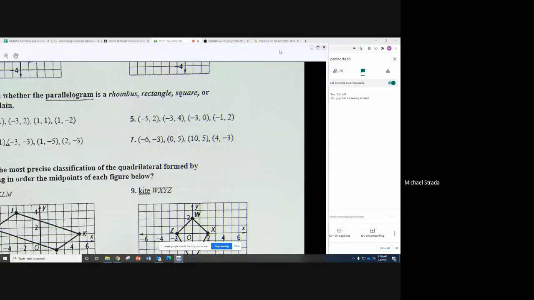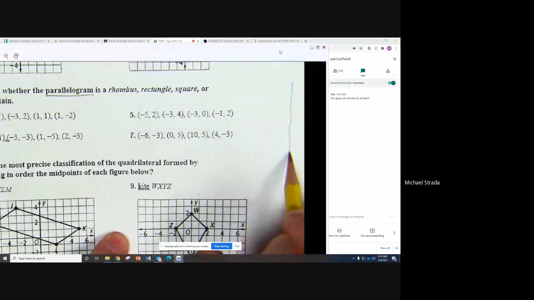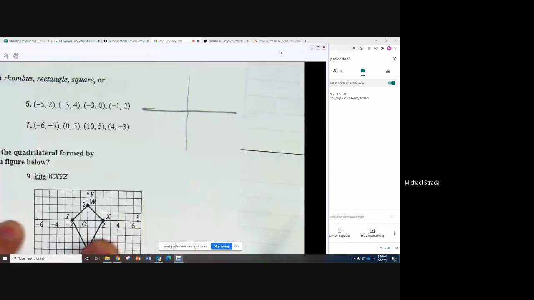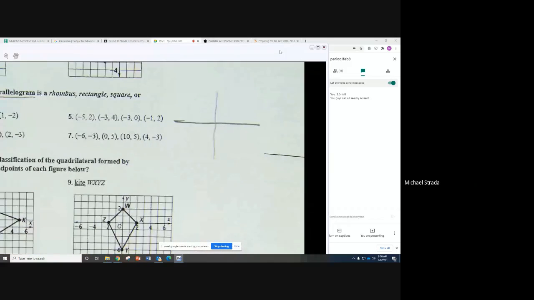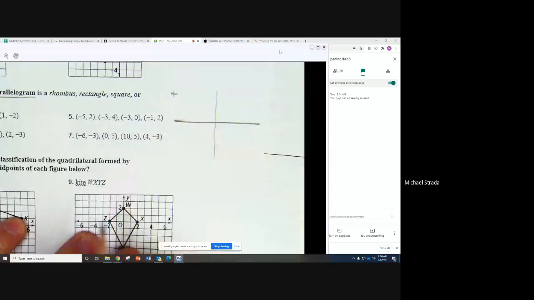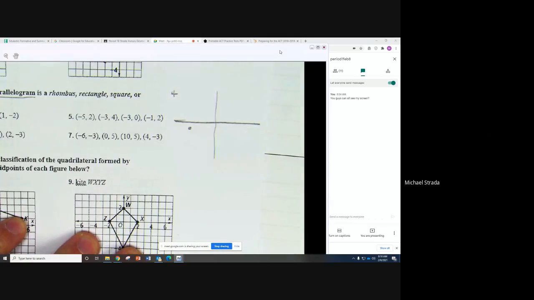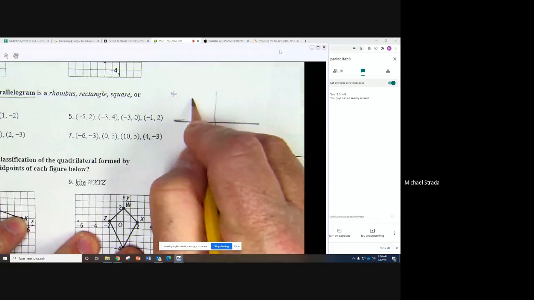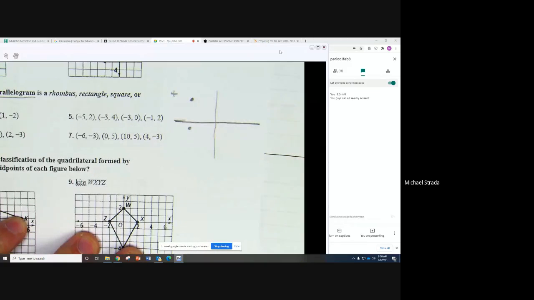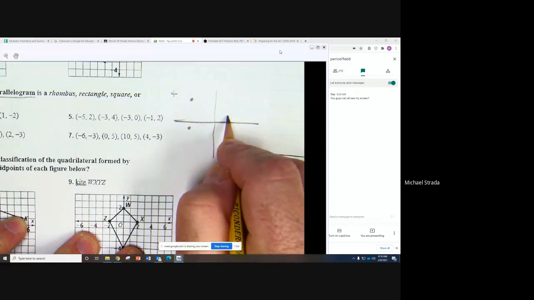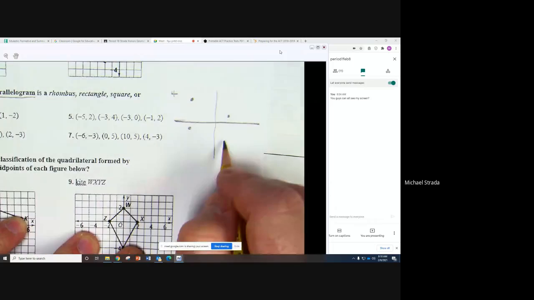I'm going to quickly sketch that out here on the side. So this is number 4. -3, -1 down there. -3, 2 up there. 1, 1 there. And 1, -2 down here.